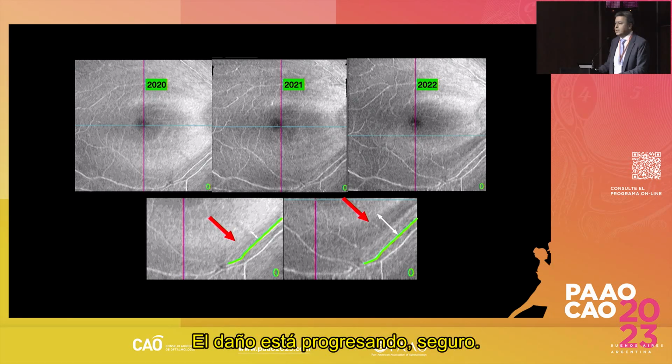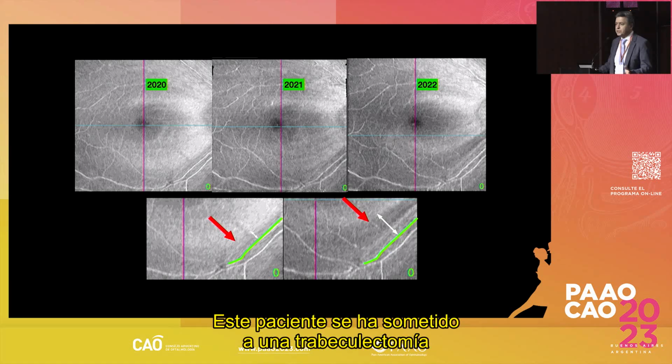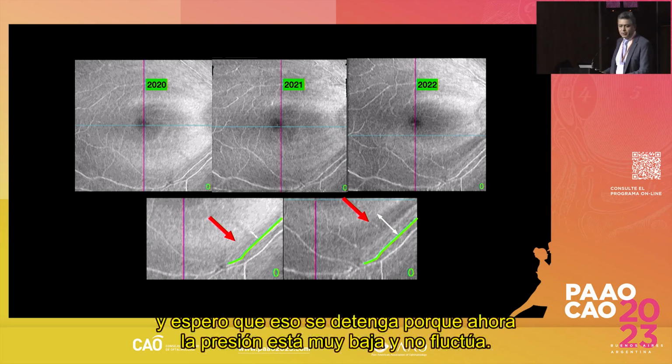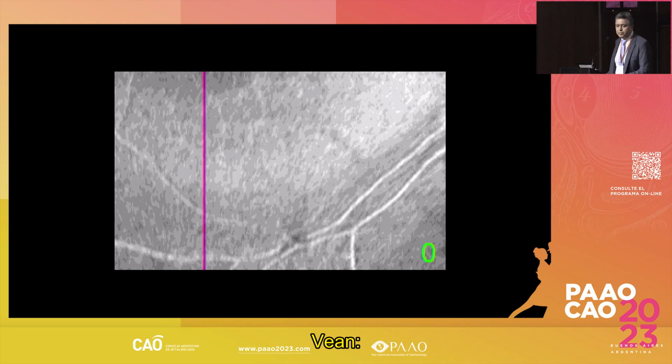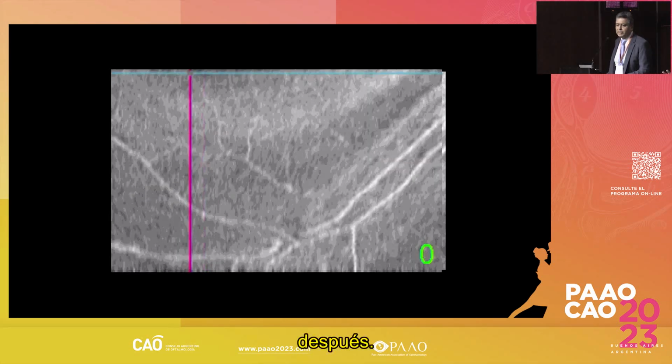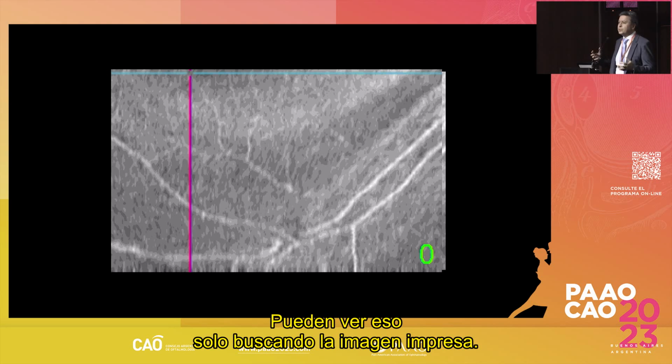The damage is progressing for sure. This patient underwent trabeculectomy and we hope that it would stop because now the pressure is really down and not fluctuating. See here before and after. You can see that just looking at the printed image.